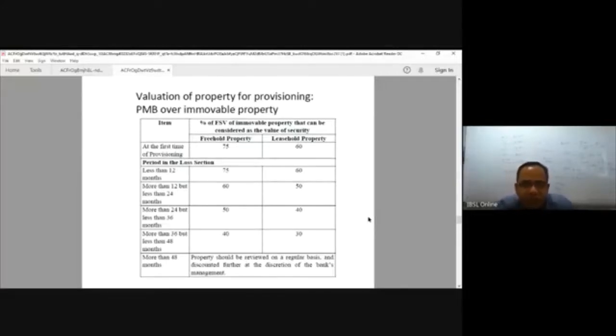So for freehold property and leasehold property, these are the percentages which are taken into account in doing the provisioning, right? If it is a leasehold property, you have a lot of properties which are leasehold. Now 30-year lease, 99-year lease, right?